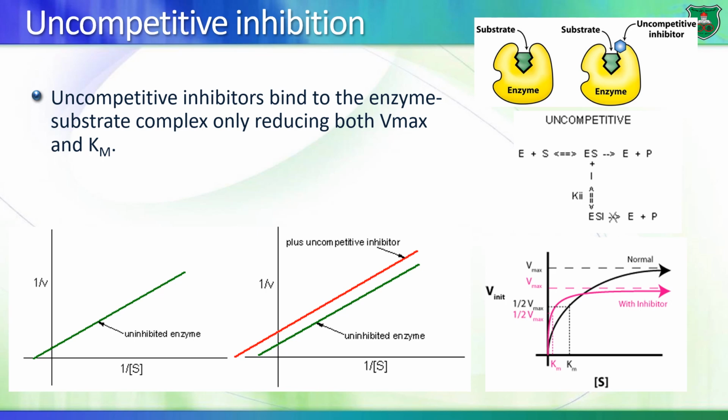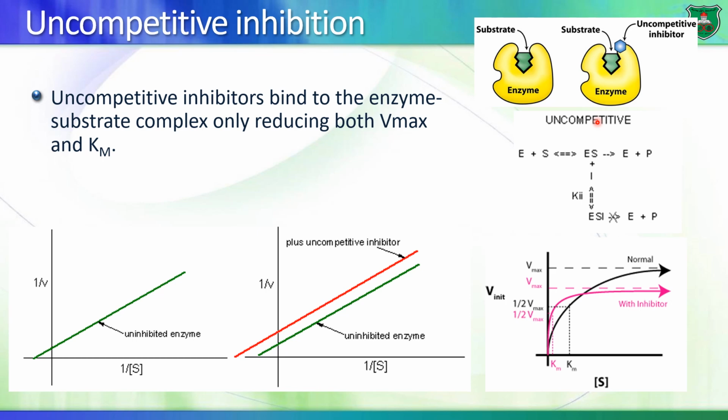Now, the idea behind this type of inhibition is that the inhibitor binds to the enzyme when the substrate is bound to the active site. Okay, so whenever you have this ES complex, now the inhibitor can bind to this complex, preventing catalysis from going on, from finishing.